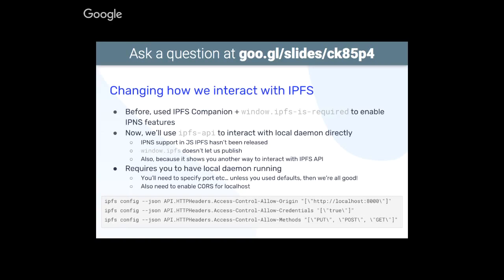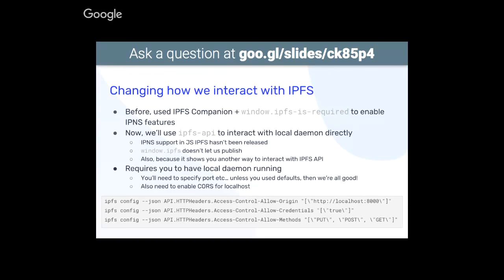And so what you'll have to do is stop your IPFS daemon, which you can do with ipfs shutdown or just Control-C to stop your daemon. Then you can edit your config, and then you can fire your daemon back up with ipfs daemon. So you can go ahead and do that and add these commands.